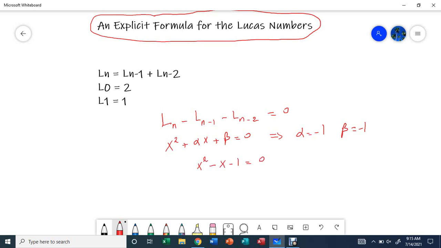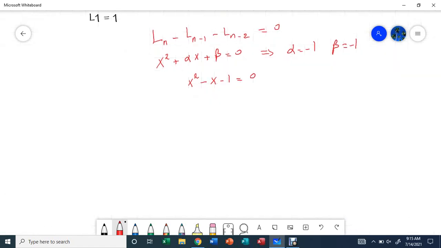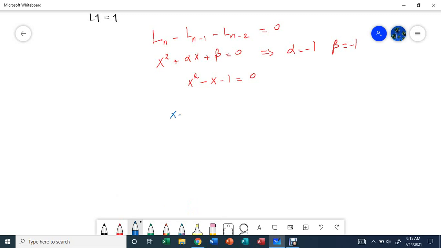And we're going to use the quadratic formula, which is, for the quadratic equation, x equals negative b plus or minus the square root of b squared minus 4ac, and the whole thing divided by 2a. So now b is negative 1, a is 1 and c is negative 1.